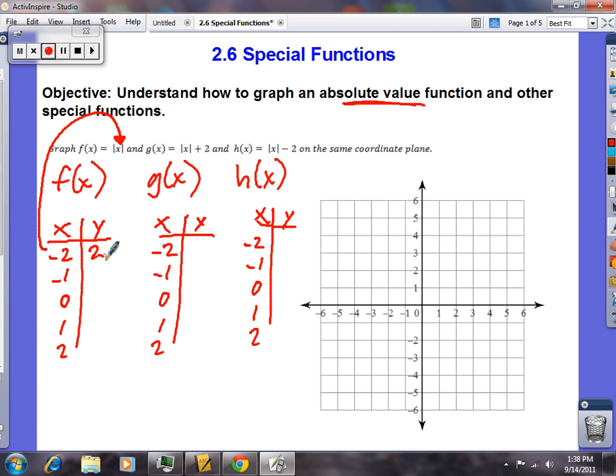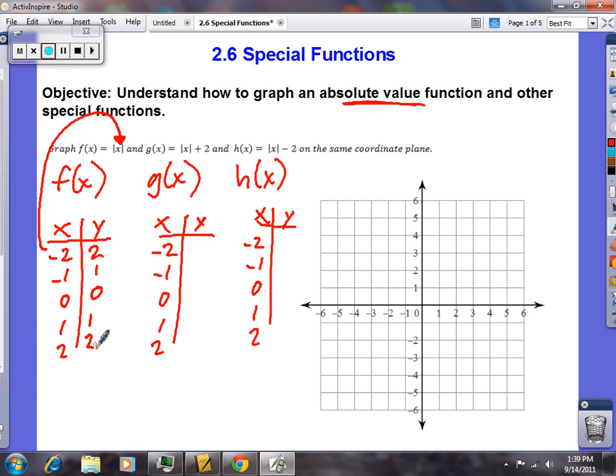So that's our y, that's our output. What happens when you plug a -1 in? It becomes positive 1. What happens when you plug in 0? 0. What about 1? 1 is positive 1. When you plug a 2 in, it's a positive 2.